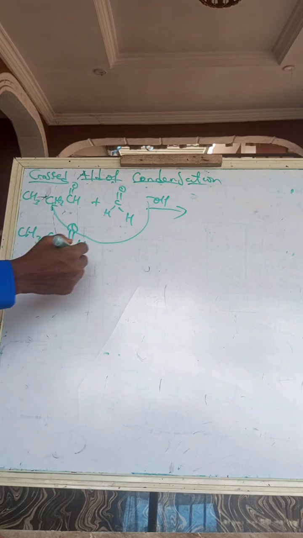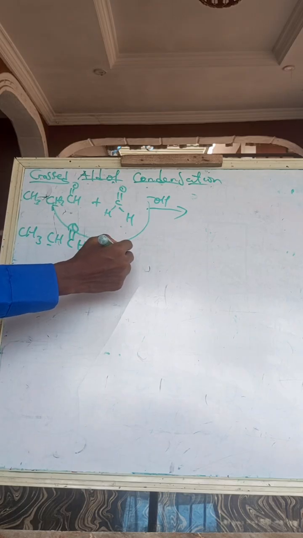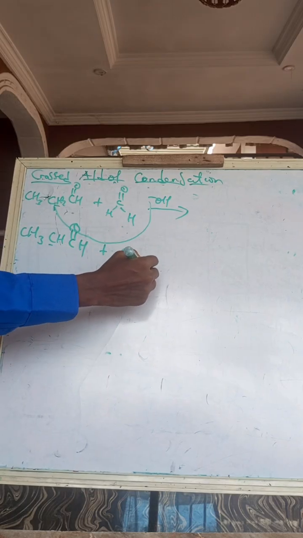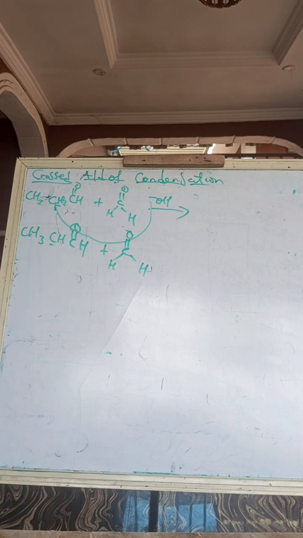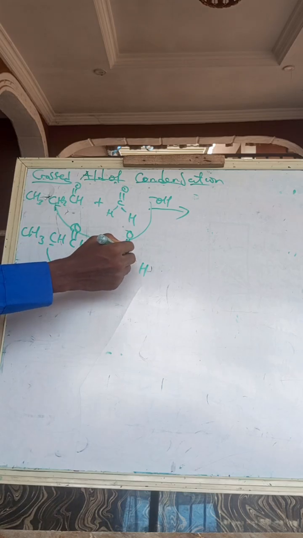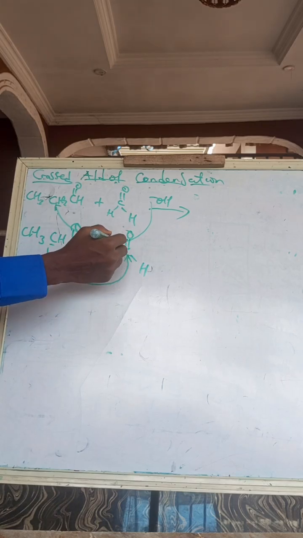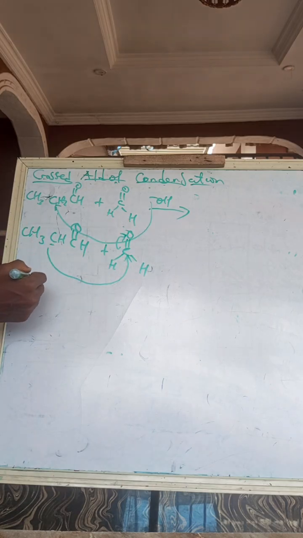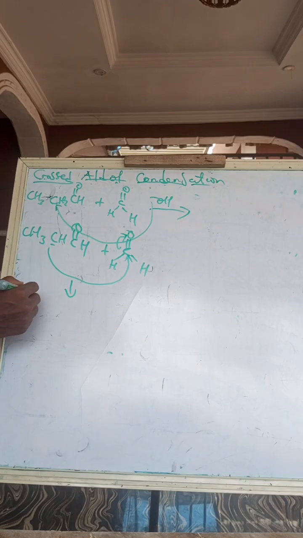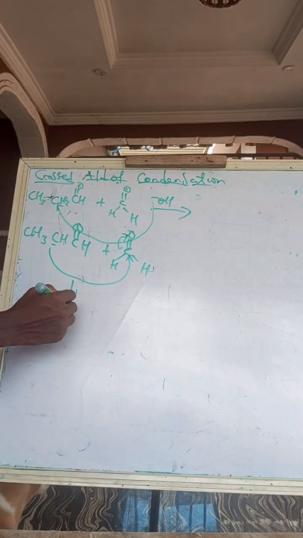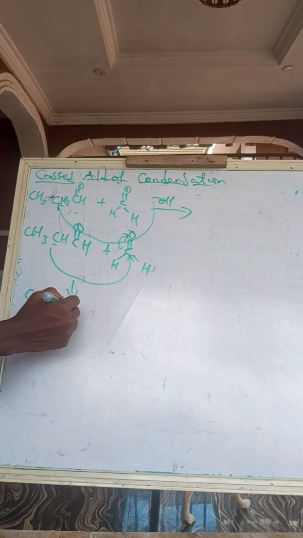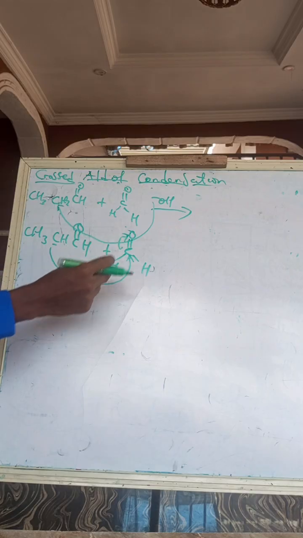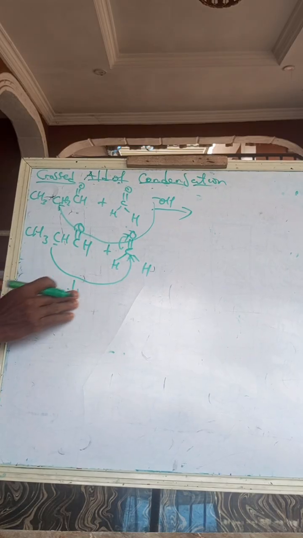So we can continue with the second one without the alpha hydrogen. So now the next one is that the enolate attacks the carbonyl group, which causes the delocalization of the pi bond. So which leads us to this. So leading us to this.